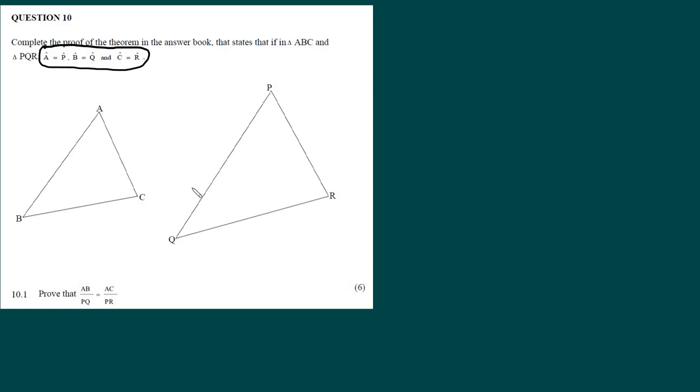So here, remember, you have to prove that AB over PQ is equal to AC over PR. So what do you do? AB. It means that you are going to mark off on this one, right?